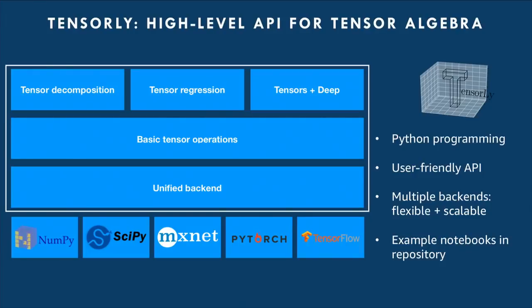So Tensorly is this high-level API that Jean Kossaifi has built. He'll also be presenting a poster on that, which makes it very easy to use these tensor computations, different forms of tensor algorithms, with any backend. And there is extensive support for PyTorch. There are lots of PyTorch notebooks available that Jean and others have built, so I encourage you to go and check them out.